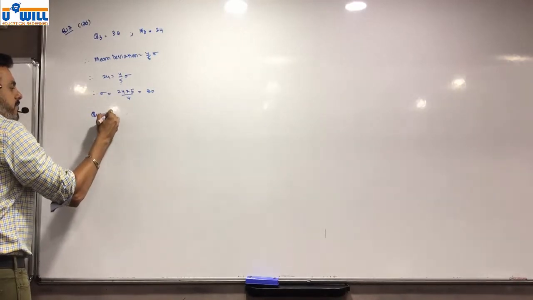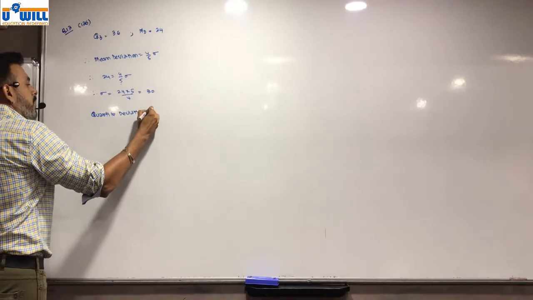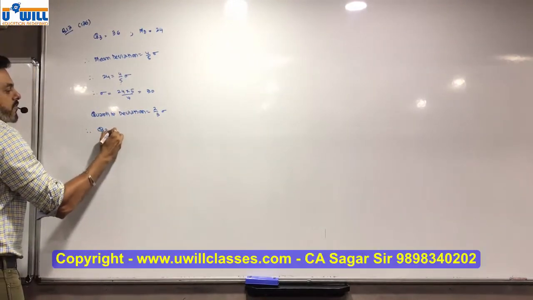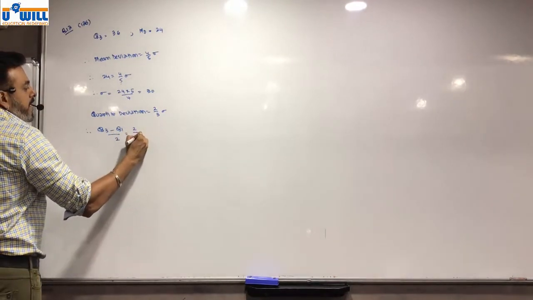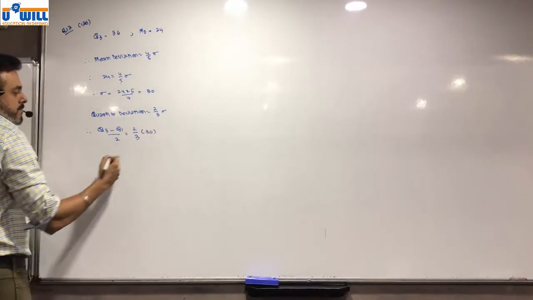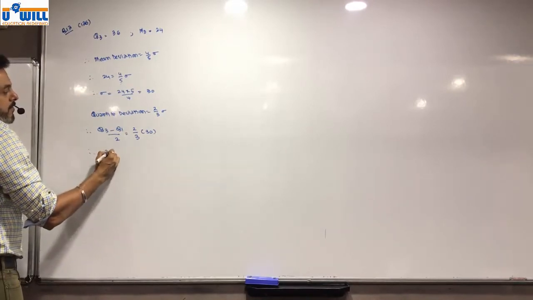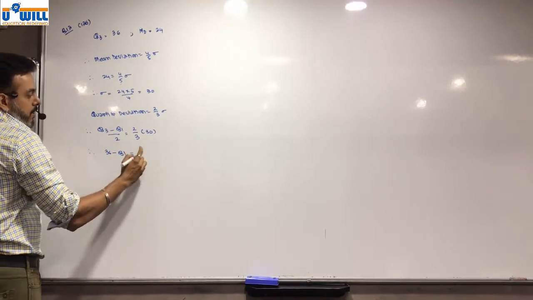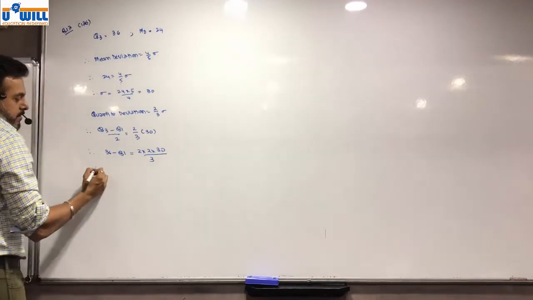Quartile deviation is equal to 2 by 3 sigma. Therefore, Q3 minus Q1 upon 2 is equal to 2 by 3 into 30. Therefore, 36 minus Q1 is equal to 2 into 2 into 30 upon 3.